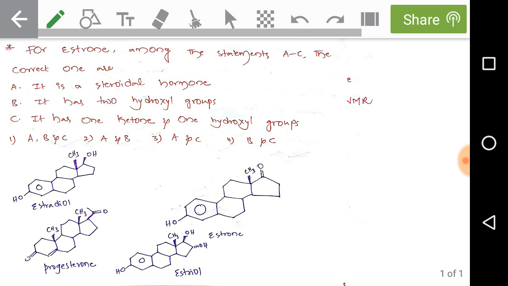Estrone is a steroidal hormone, and you can check all other female hormones like estradiol, just observe the structure here, and progesterone and estriol. So just check all the structures here for the female hormones.